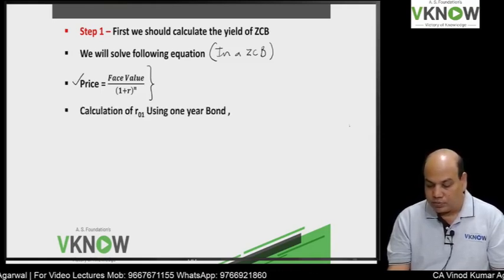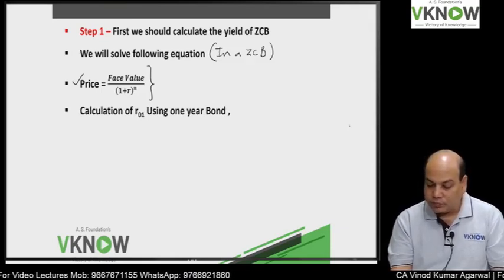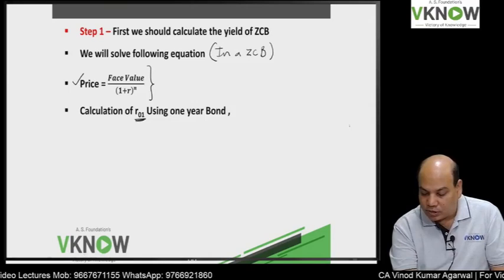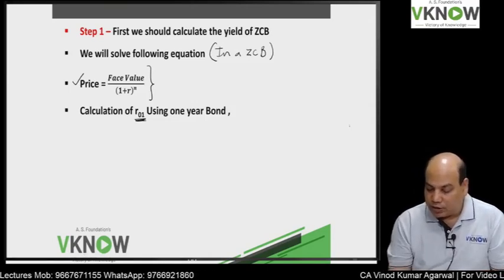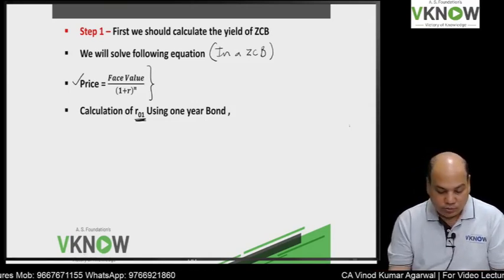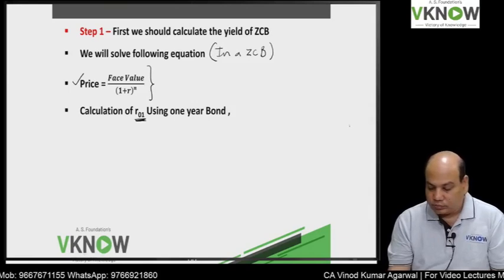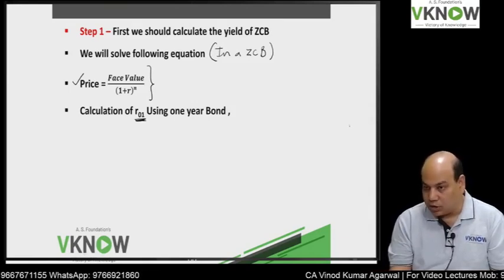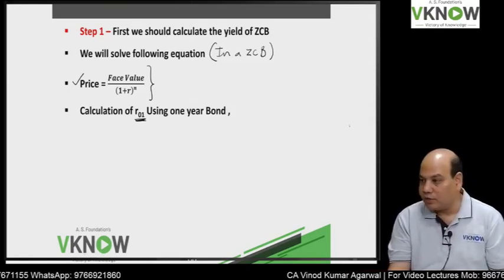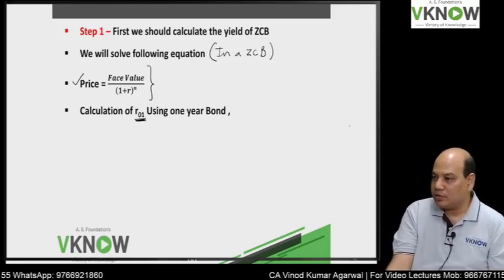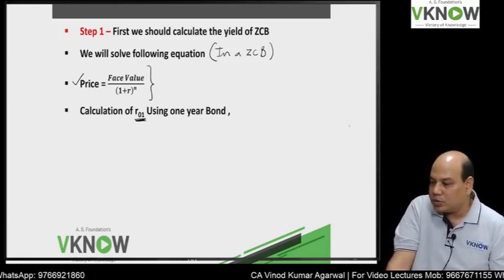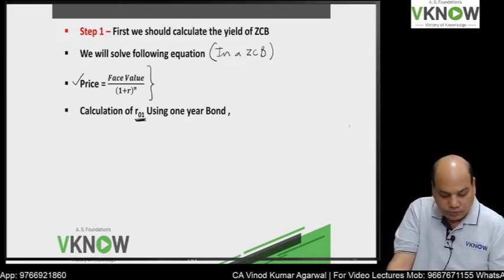So now we'll first compute. Under that, write down calculation of R01, the YTM of the 1 year bond today. Using the 1 year bond, calculation of R01, spot rate for 1 year maturity. R01 means spot rate for 1 year maturity.